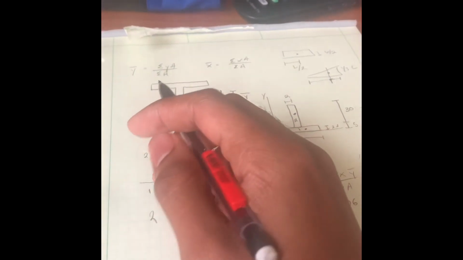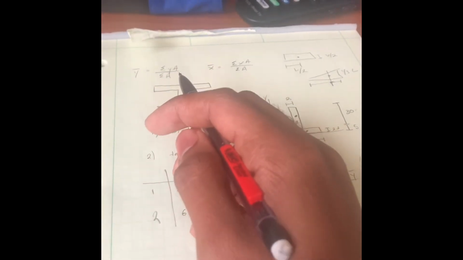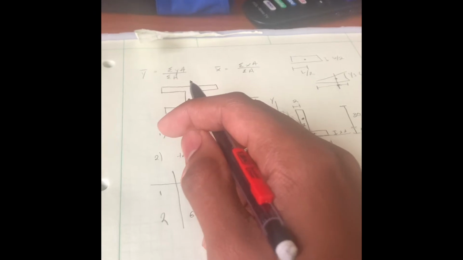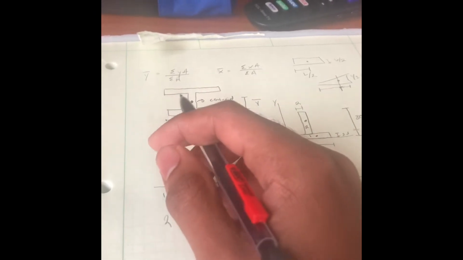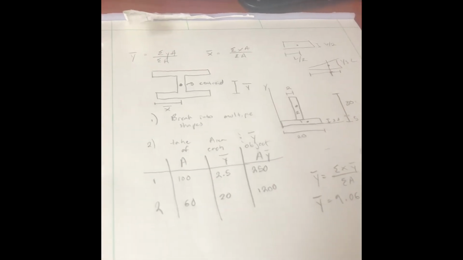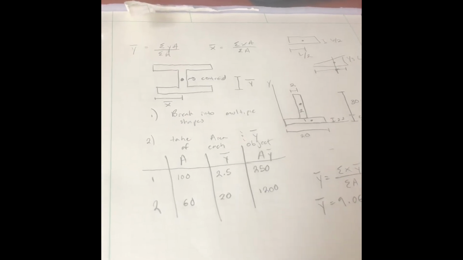The formula says y bar equals the summation of y times A, divided by the summation of the area. So y bar is that object's centroid in the y direction, and x bar is that object's centroid in the x direction.